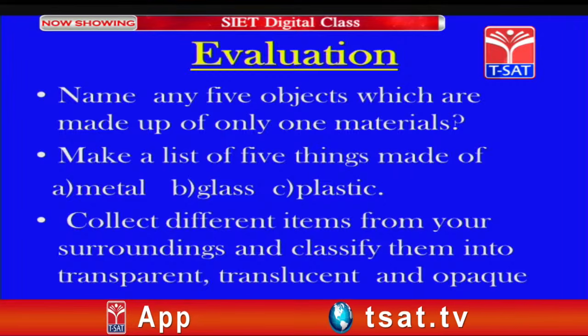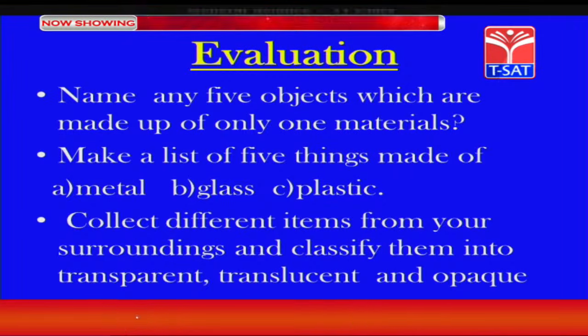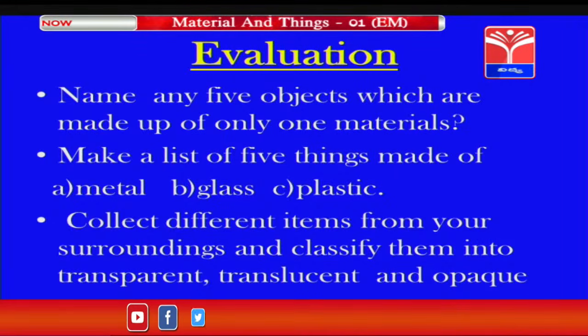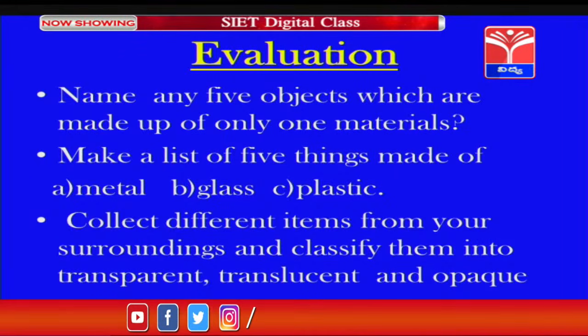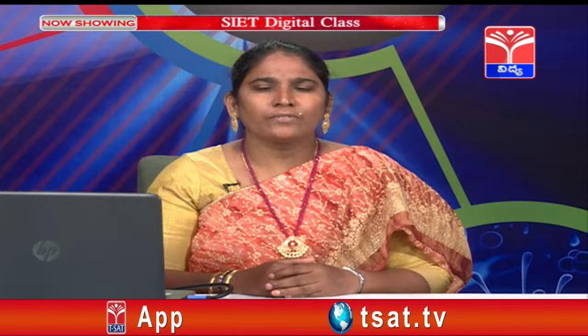The third question, you have to collect different items from your surroundings and try to classify them based upon transparency. I hope I am clear with the concepts, and we will be meeting again in the next class with some more properties. Thank you.